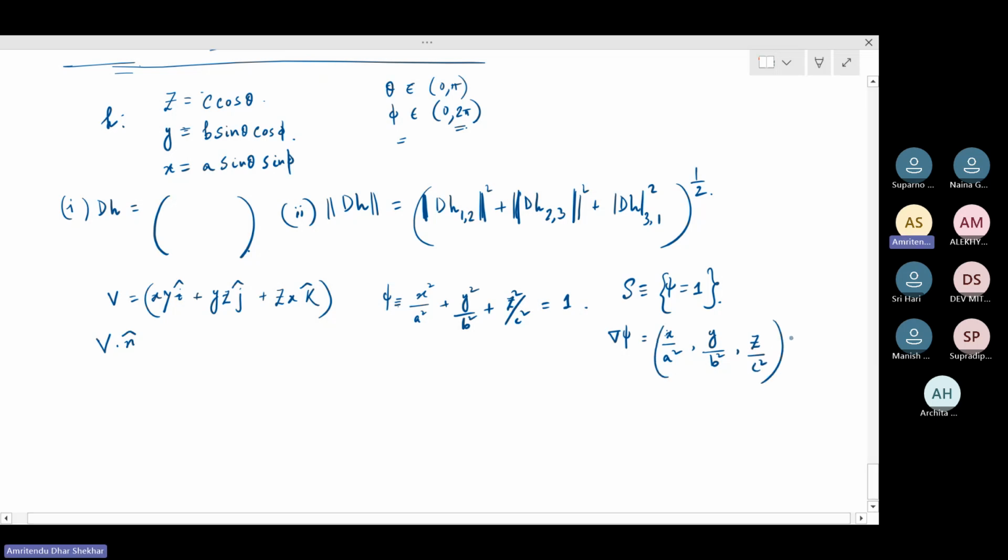The unit normal is grad of psi divided by the norm of this. This you can compute.